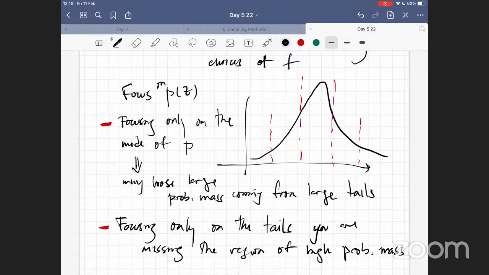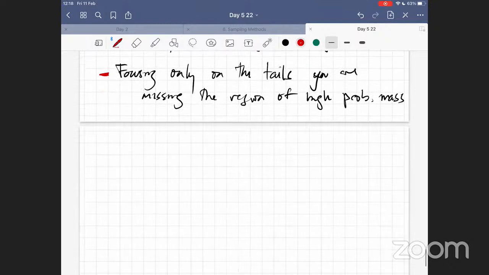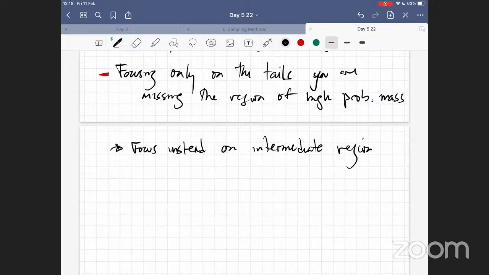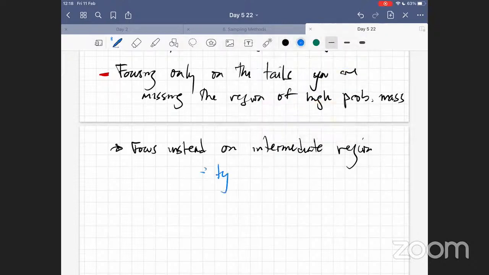So actually the idea is to focus instead on an intermediate region. The idea of this HMC, this hybrid Monte Carlo, is to focus on the intermediate region. And in the literature, this is called the typical set.